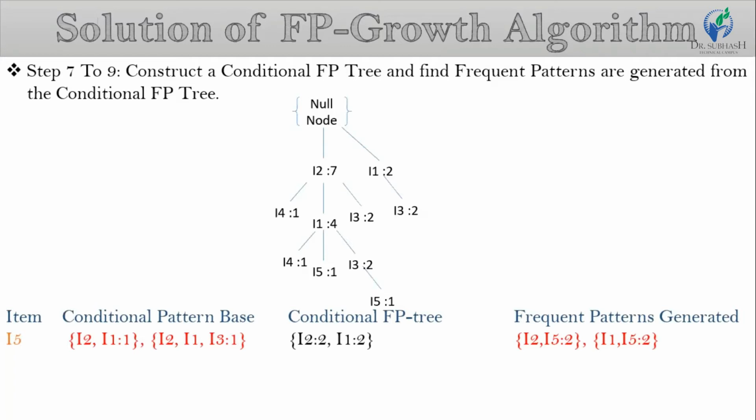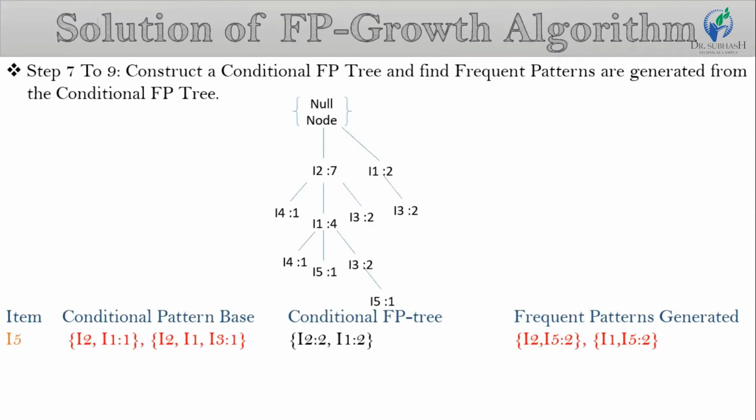So the single path generates all the combinations of frequent patterns like I2, I5 count 2, I1, I5 count 2, and the combination of three, I2, I1, I5 count 2. Otherwise we can write I2, I5 count 2 and I1, I5 count 2 as the answer.